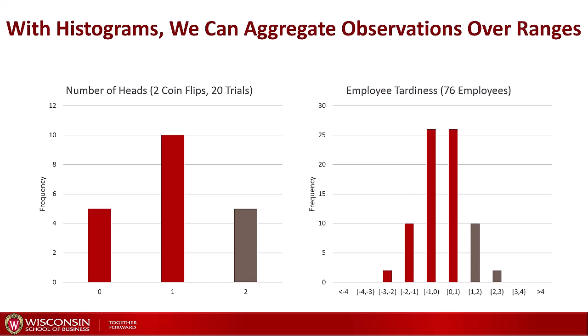Then the second bar is from -2 up to -1, but not including -1. Then the bar between -1 and 0, and the bar between 0 and 1. So if we add up these 4 bars together, we find that 64 employees were less than 1 minute late to work.